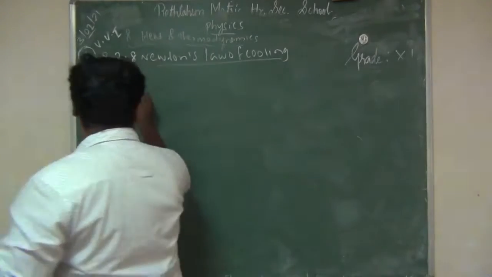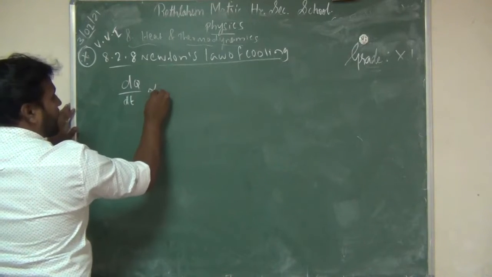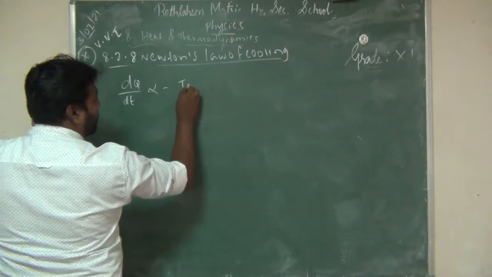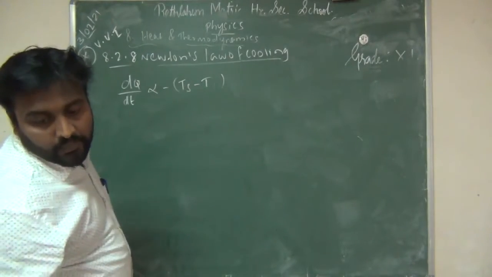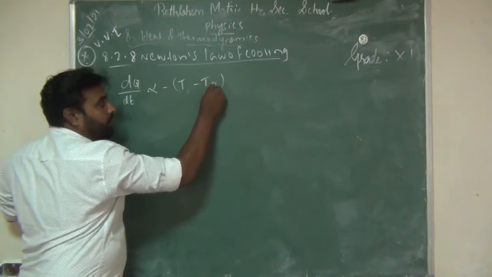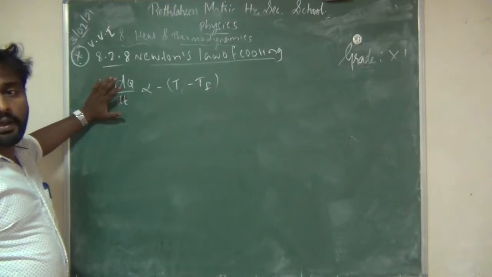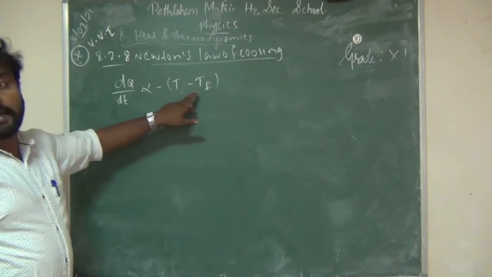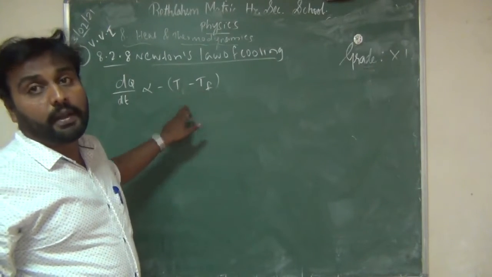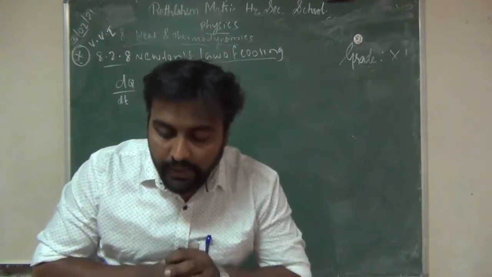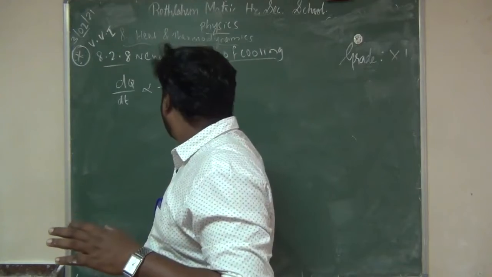So you can write the equation dQ by dt is directly proportional to T minus Ts.